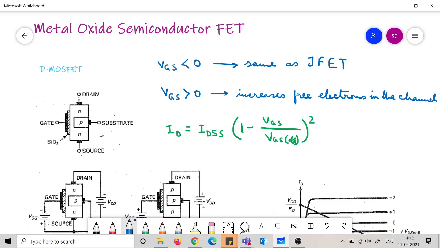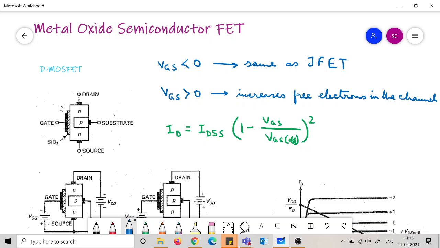So it is a 3-terminal device at the end of the day. You need to supply 3 different potentials at these 3 different points. Substrate is connected to the source, so they are together. So it becomes a 3-terminal device.